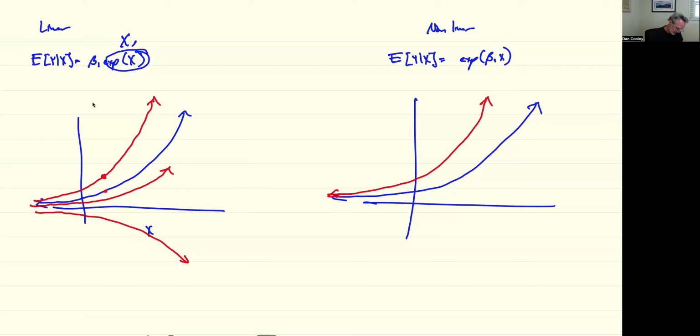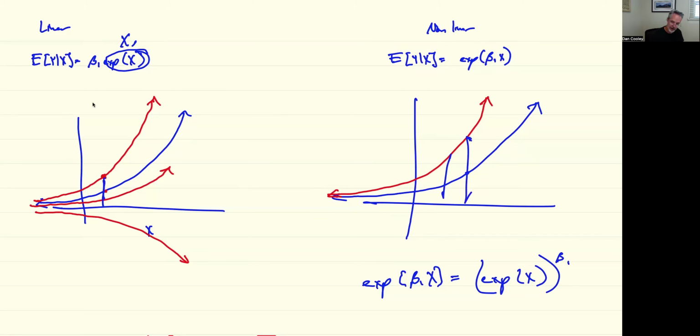We'd get something that looks like this, but it's different because we know that by rules of exponentials, exp of beta 1 x is equal to exp of x to the beta 1. So in fact, instead of being double the value, these would be square the value. Take this value and square it to get that value. If beta 1 were negative, now we're not going to get something that returns negative values.